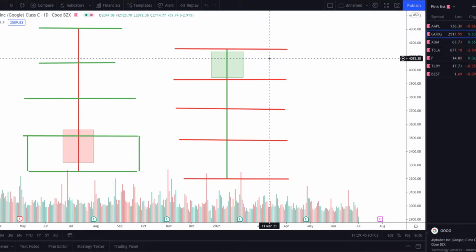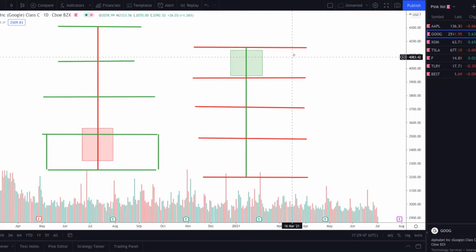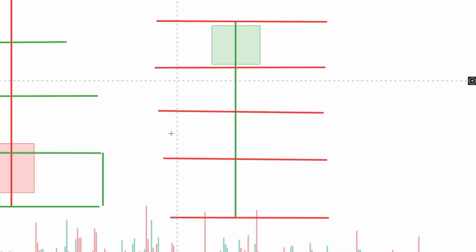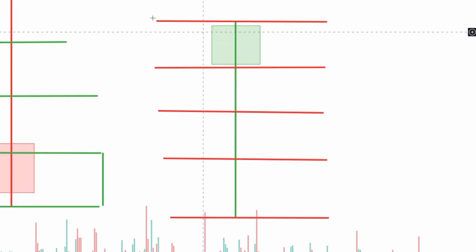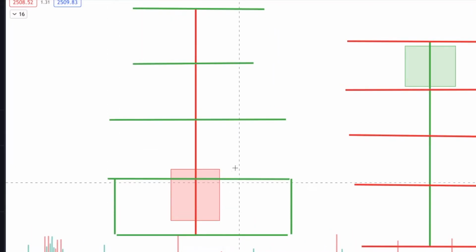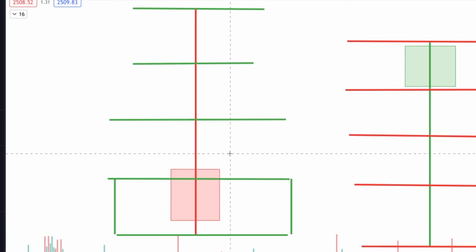That's a bottoming tail. It also needs to happen at a new low when the stock price goes down. You're calling a bottom after the stock has gone down and found a new bottom, and you're calling a top when the stock has gone up and found a new top.